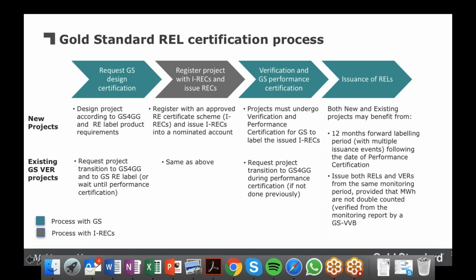This means that, for instance, if we have a verification that is completed in January this year, a project can claim any past issuance of I-REC, but also during this year, it would be able to issue additional I-RECs as it goes generating these megawatt hours, without having to incur an additional performance certification for every issuance within this 12-month period.